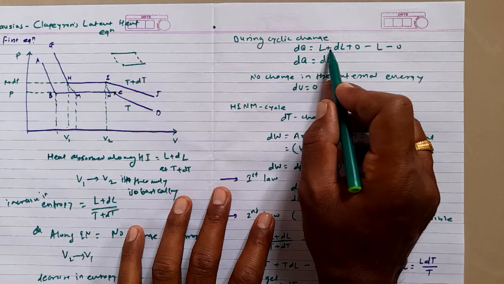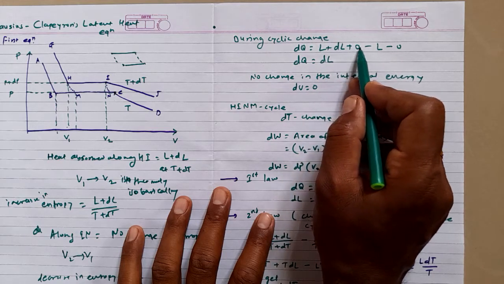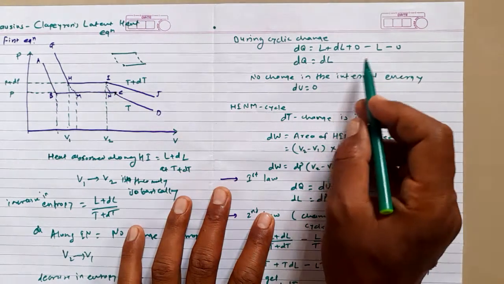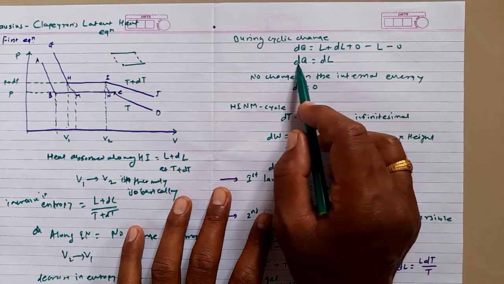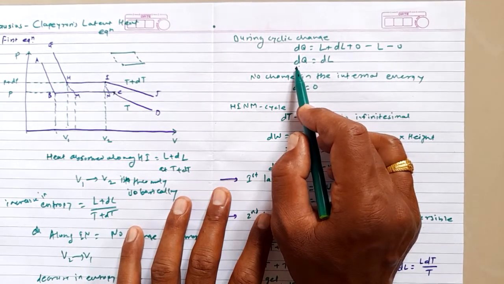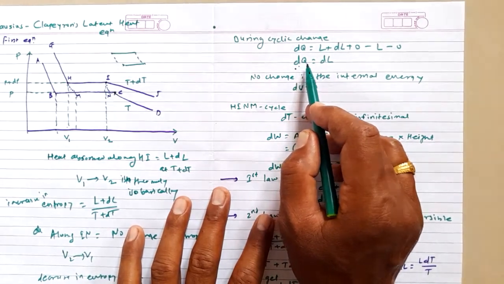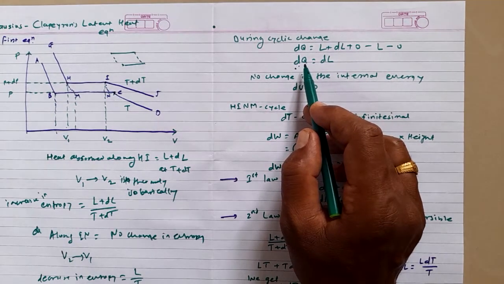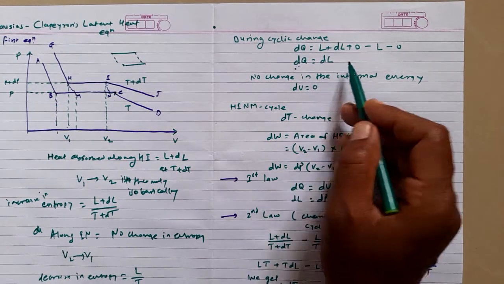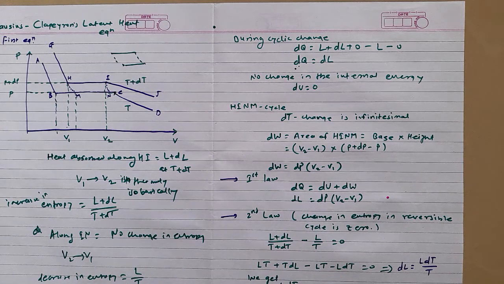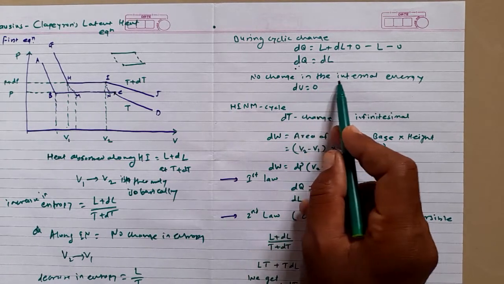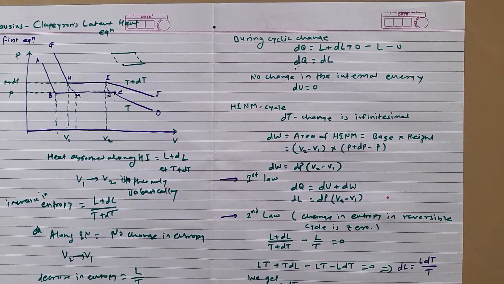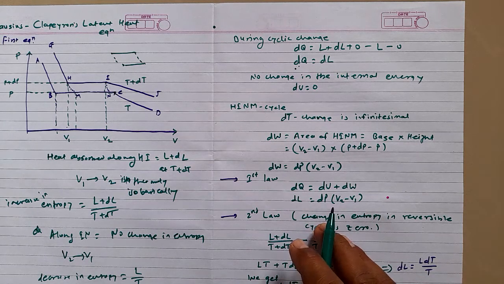So dq, the change in its heat absorbed or evolved, is equal to the change in its latent heat. So dq is equal to dL. As the original state has been restored, there is no change in its internal energy, so dU is equal to 0.